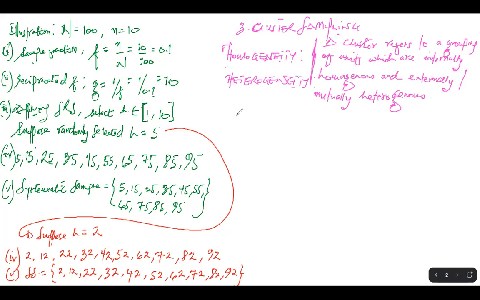So number one, first of all, partition into clusters. So now you know what clusters are. In other words, divide the population into groupings which are internally homogeneous and then externally heterogeneous.